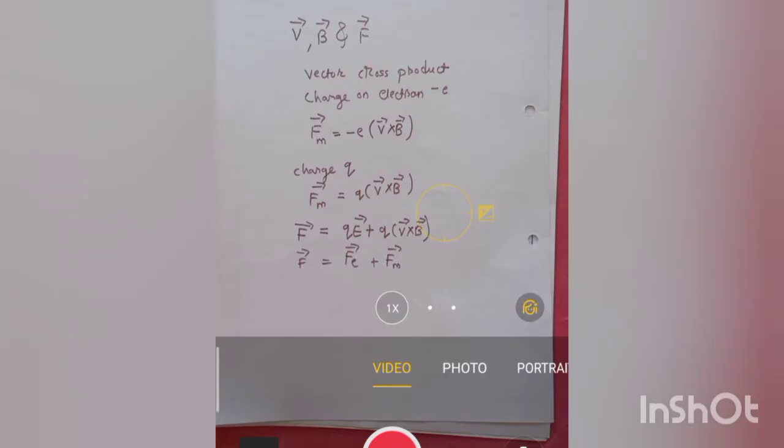We can understand this by watching a small demonstration, but for that we have to understand which force this is. This force which we describe here is called the Lorentz force.